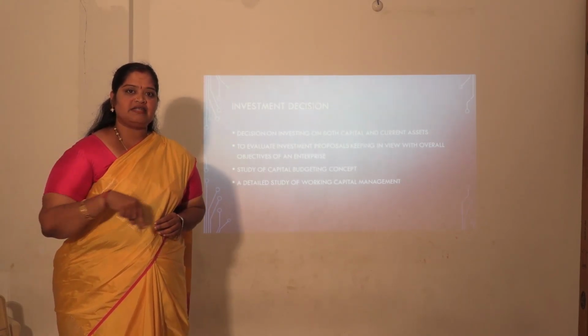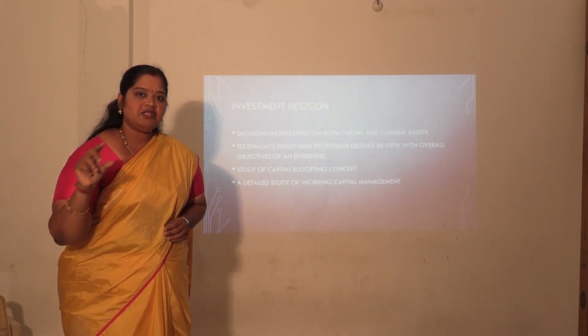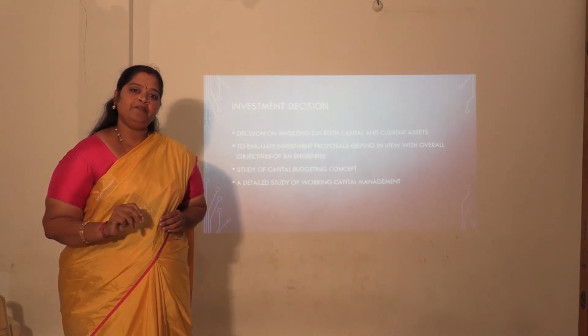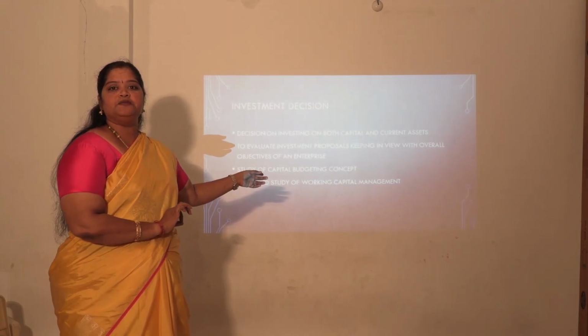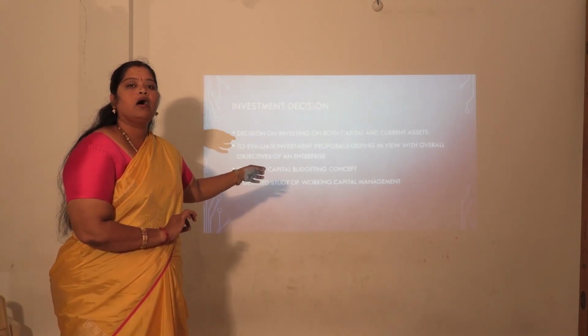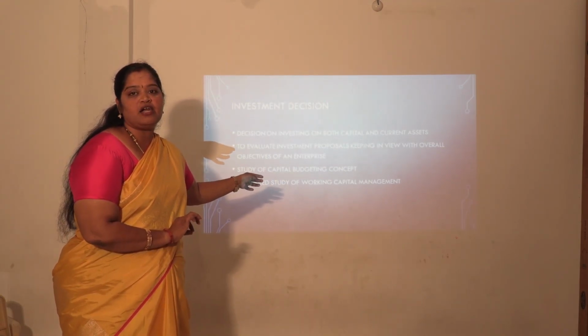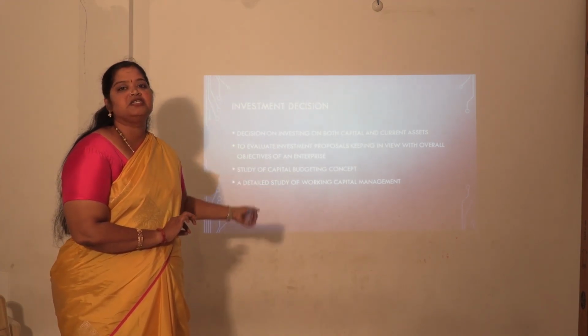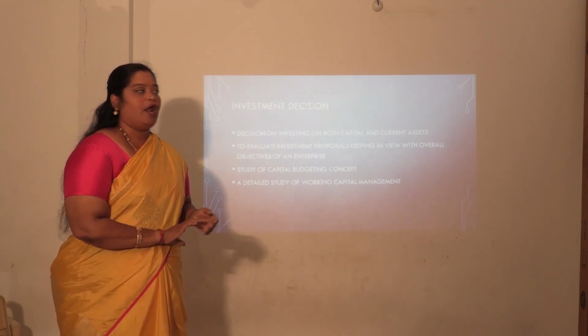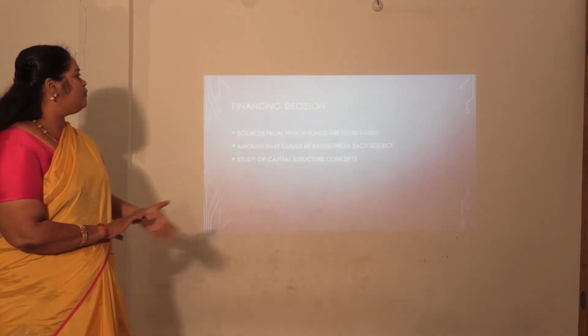This process takes a long time gap between each and every stage of the cycle, right? All this time gap will be funded through working capital management. That is the reason you have to give a detailed study of working capital management, particularly for long-term investment decisions in capital budgeting. Now let's move on to the next slide, the third type of decision.